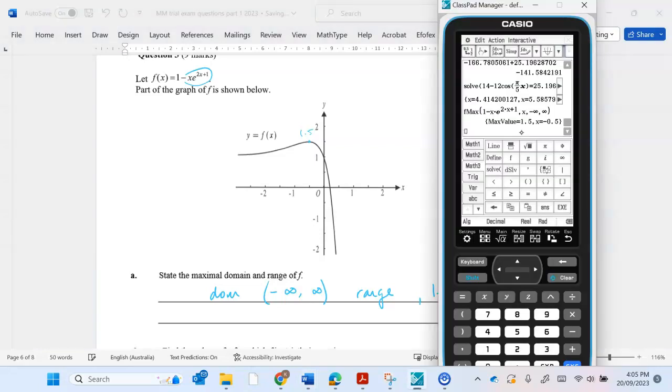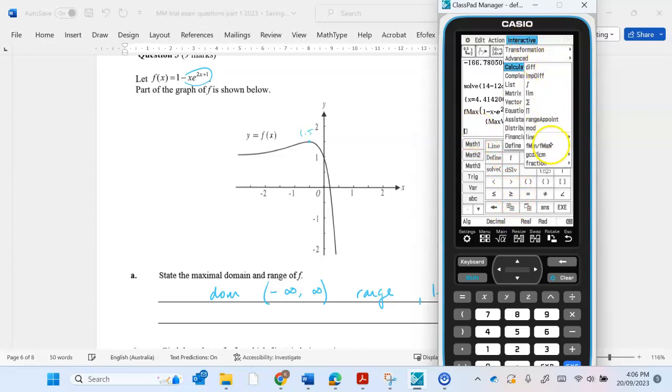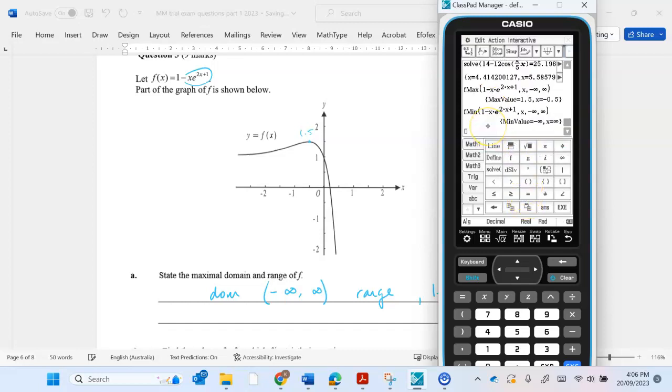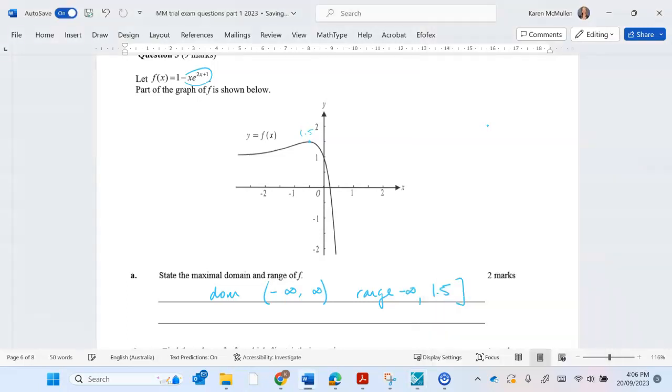Let me copy the expression first, then go back in calculation and do my minimum, just to make sure. It should be infinity. Our minimum value is negative infinity, so make sure you use curved brackets, and the maximum is 1.5.